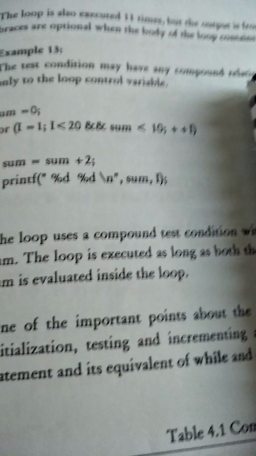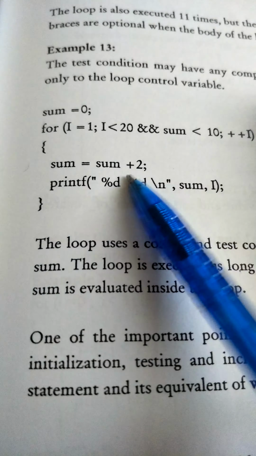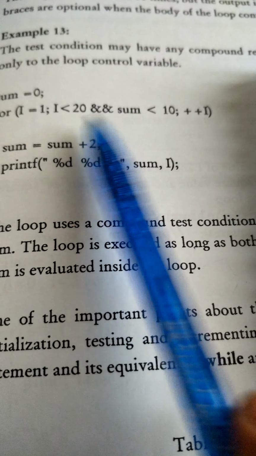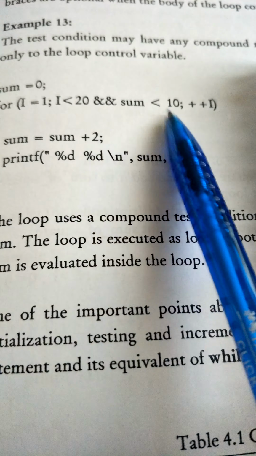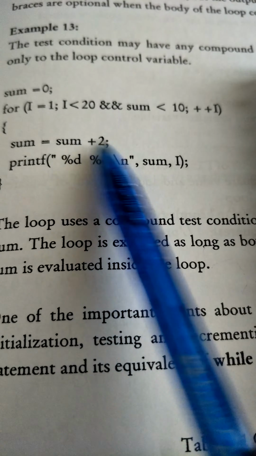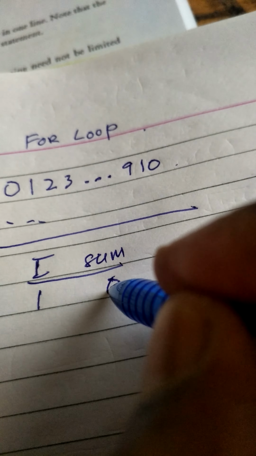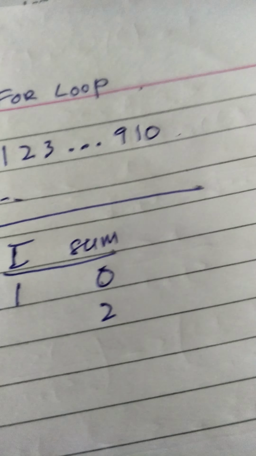Now, when I equal to 1, the first condition is true, the second condition is true because sum is 0, then sum plus 2. So 0 plus 2, we add up to 2, so we got sum equal to 2.